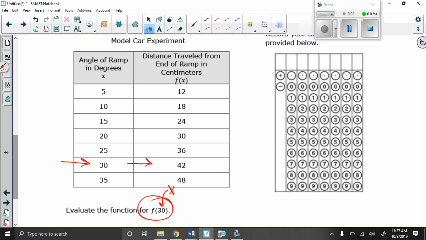So 42 would be the answer. So I'm going to put a positive 42 and then fill in the griddable. All right, so we evaluated the function for f of 30. It was 42, filled in the griddable. Let's move on.